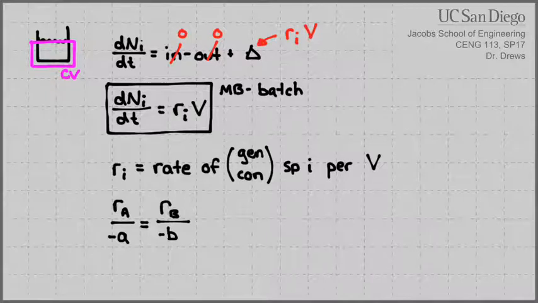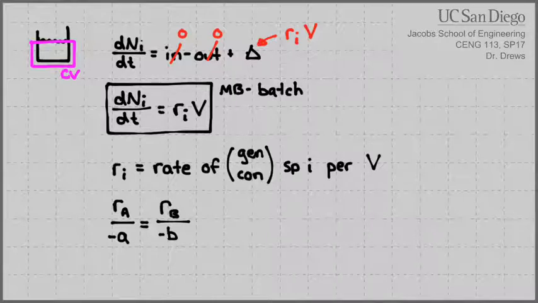So the stoichiometry of the system indicates that certain relationships hold, such as R_A, the rate of either generation or consumption of A, typically one of our reactants, so it's usually going away, over the negative of its stoichiometric coefficient, is equal to the rate of consumption of B over the negative of its stoichiometric coefficient. Right? And you might have gotten exposed to that a little bit in CENG 100. All that's saying is the molecules are transitioning back and forth between each other. Stoichiometry says that the rate of generation or consumption of each one has to be proportional.